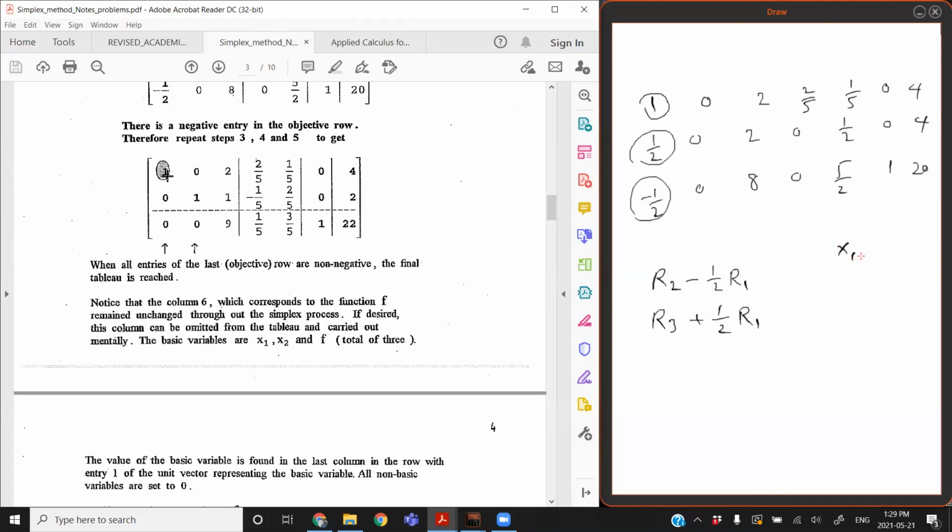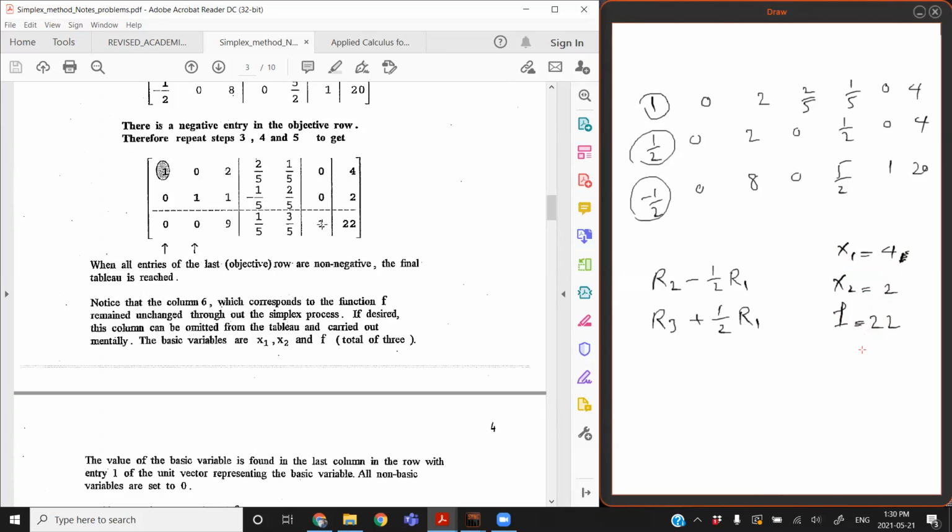So I can easily write the answers now. x1 is equal to 4. x2, the second basic variable, is going to be equal to 2. And f is going to be equal to 22. That's the maximum value that can be achieved when x1, x2 are these values.